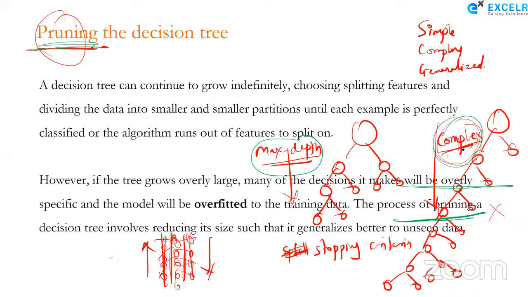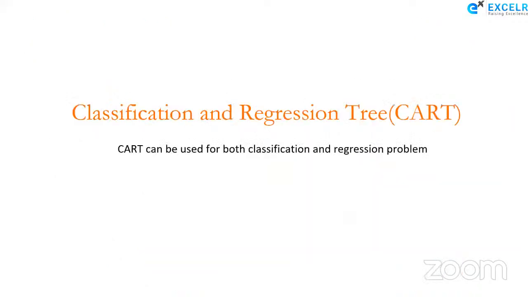And in this way, since you are not building a complex tree, we are avoiding the problem called overfitting. Overfitted model is nothing but the complex model. And our goal is to reduce the size of the tree such that it generalizes to the unseen data. So basically, it should perform better on unseen data. That is our goal over here. So that is what is meant by pruning the tree.